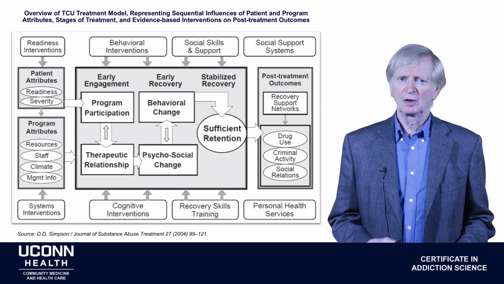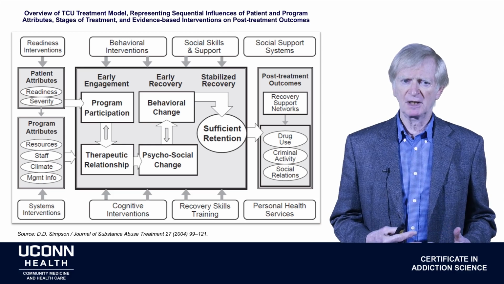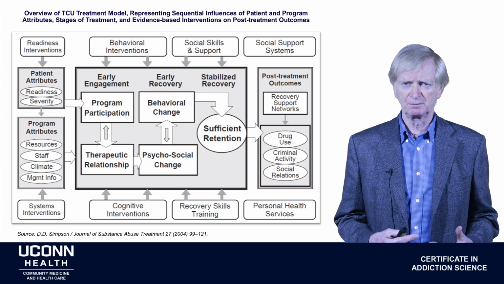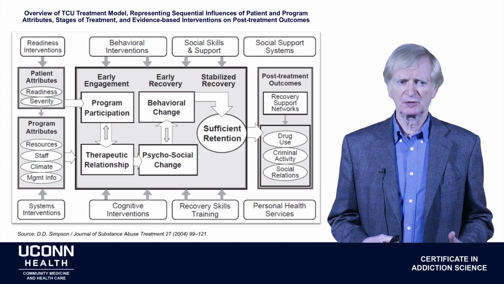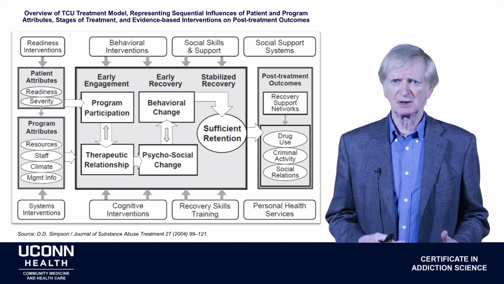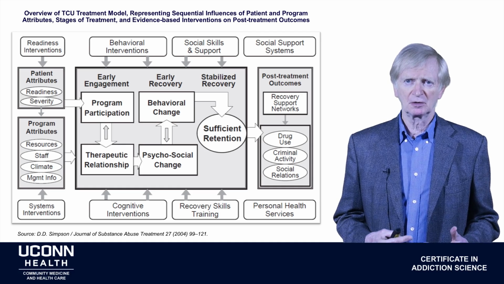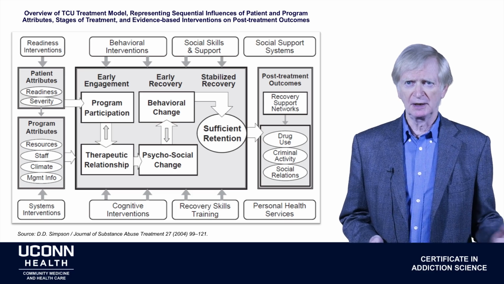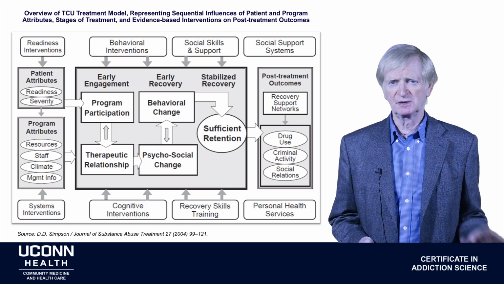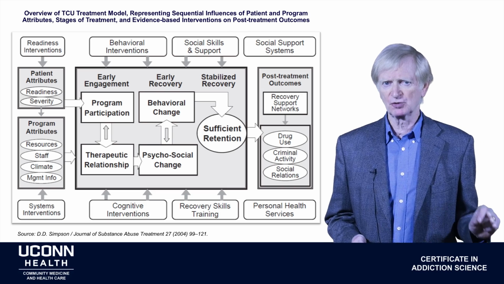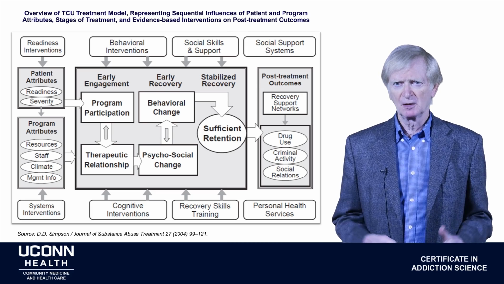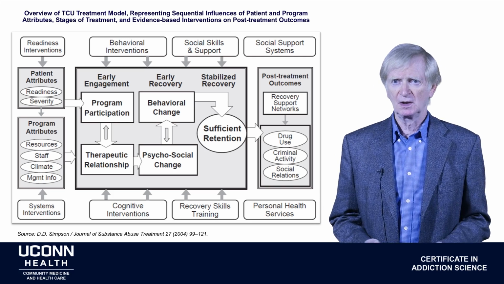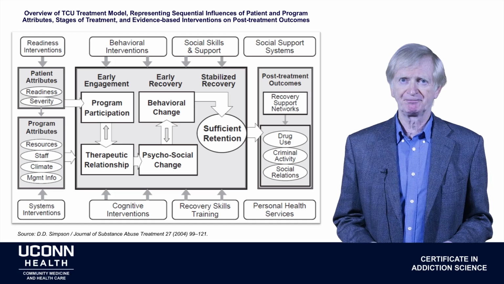So patient attributes and what to measure when people come into treatment are only a small part of this puzzle, but we're going to be focusing on those attributes because they play a very large role in determining who responds to treatment and who doesn't. And we also need to attend to the variables that we measure when people come into treatment so that we can conduct proper follow-up evaluations to evaluate treatment outcomes.